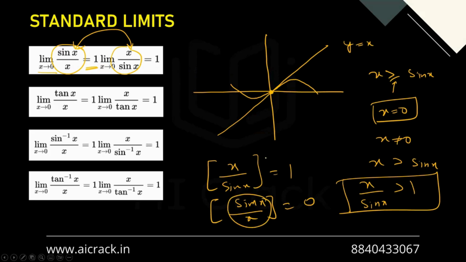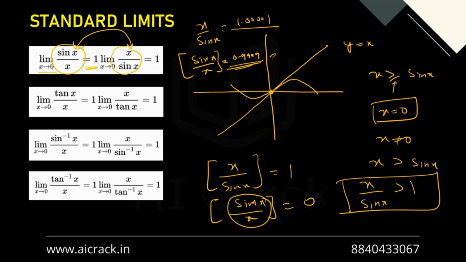The limiting value is 1 only, right? In this case, for x by sin x, the actual value would be somewhere around 1.000001, something of this sort. And for sin x by x, it would be 0.99999. So the limiting value is 1 only for this case and for this case. But when we take the GIF, this would come out to be 0, and for this one it would come out to be 1, right?